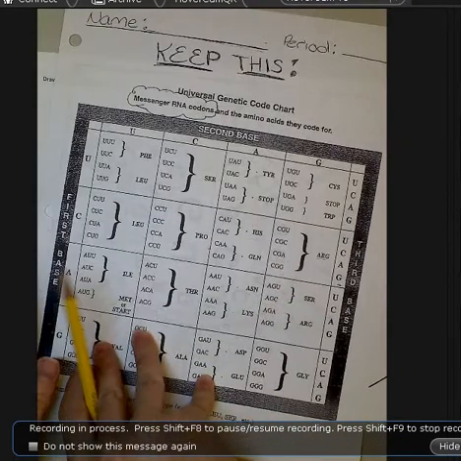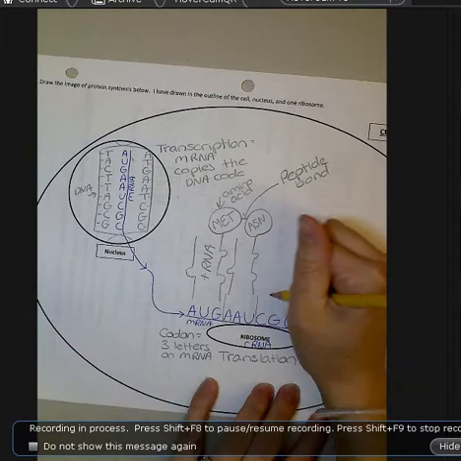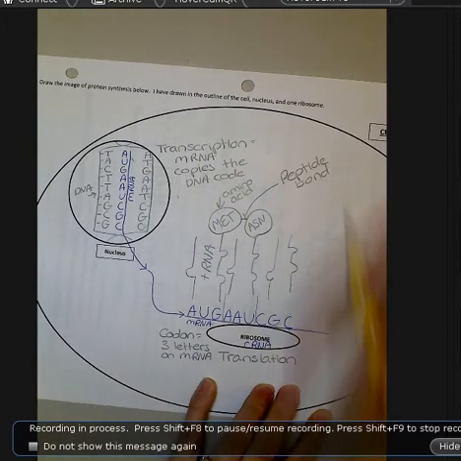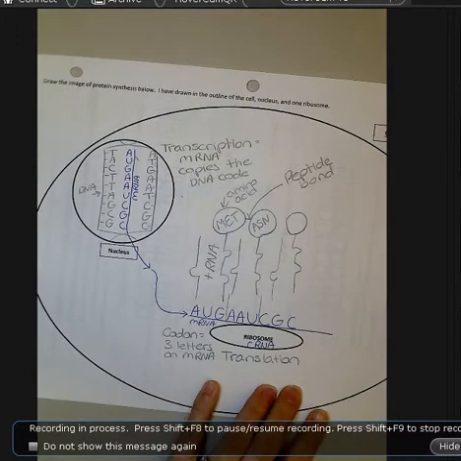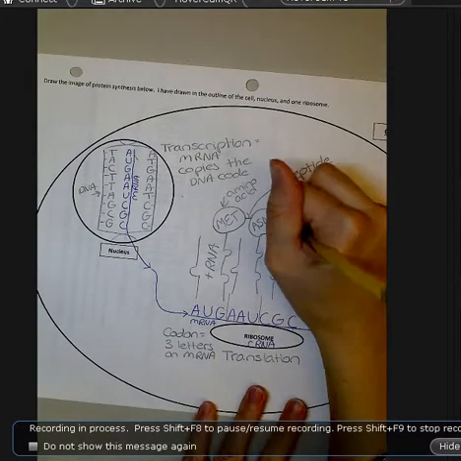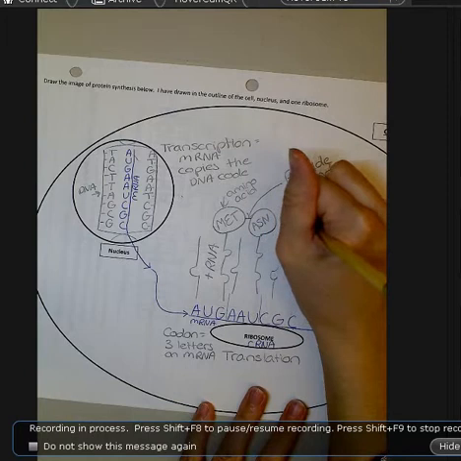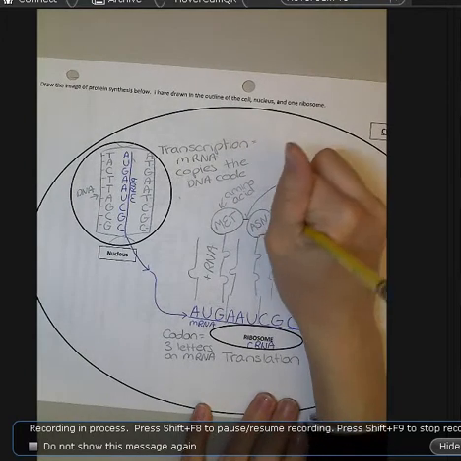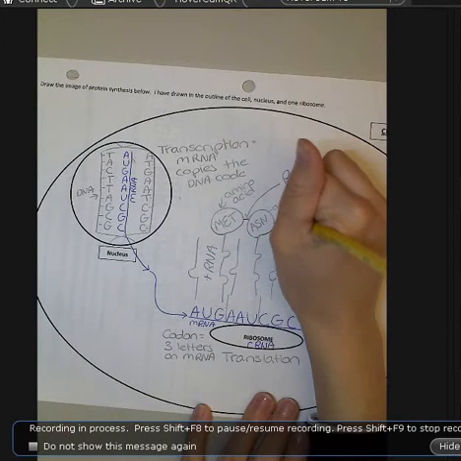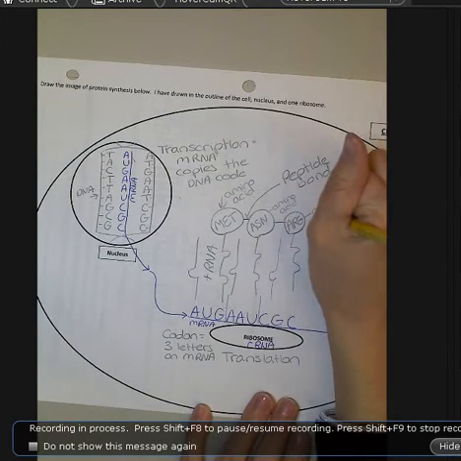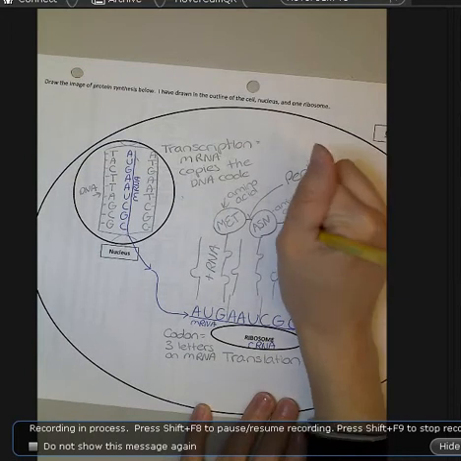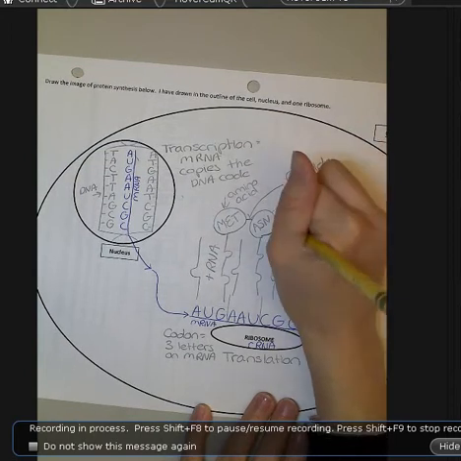So again, I'm going to draw in my transfer RNA and write ARG. Okay. And again, this is an amino acid. This is an amino acid. And each bond is a peptide bond. So this is a peptide bond as well.